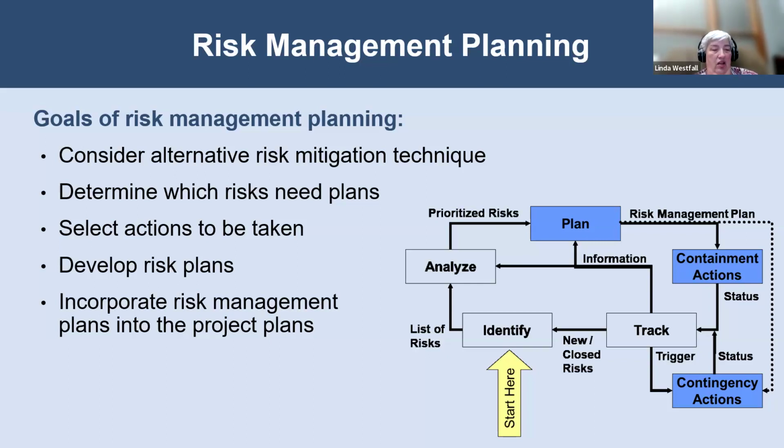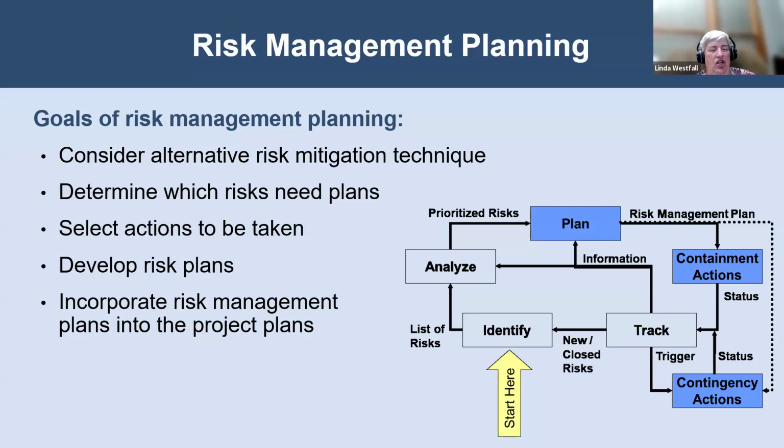So we're going to look at the alternatives and decide what's the appropriate plan for each of our risks that are high enough not to just accept. We're going to select which actions to take, develop our risk management plans, and then those risk management plans, the containment actions, just get incorporated as part of our project plans.